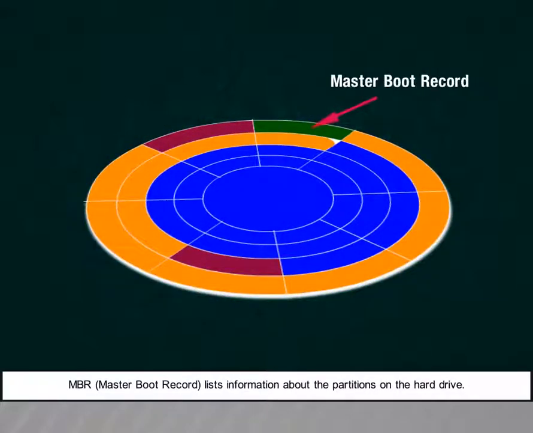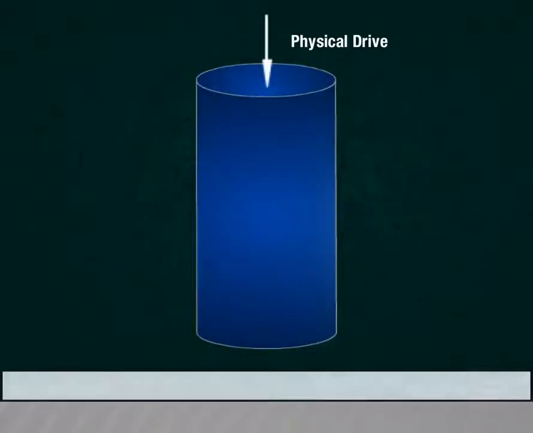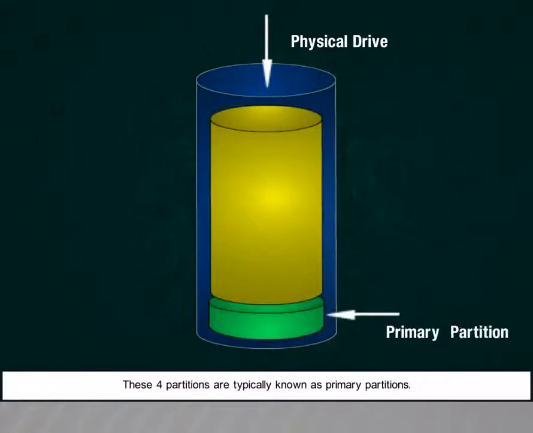MBR, Master Boot Record, lists information about the partitions on the hard drive. These four partitions are typically known as primary partitions.